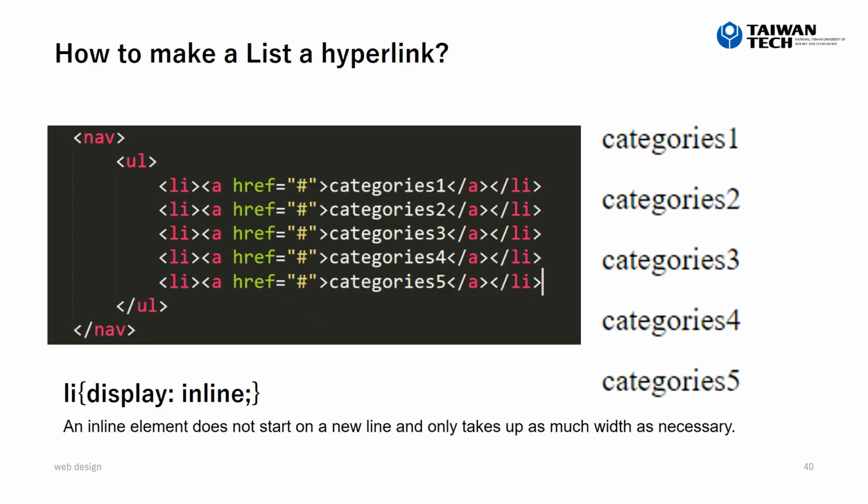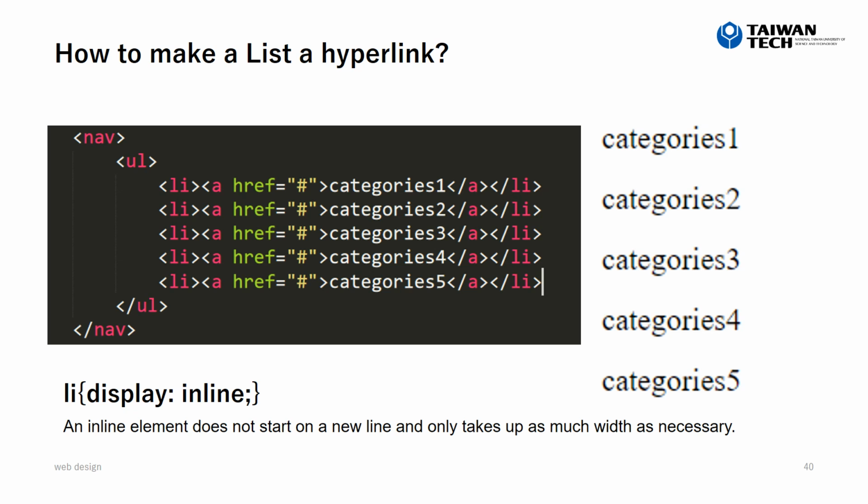And later, the other thing is how to make a list a hyperlink. In our list, it is just like this, and we will have a navigation. So in the nav section, we will have a ul and li, just like our list type.